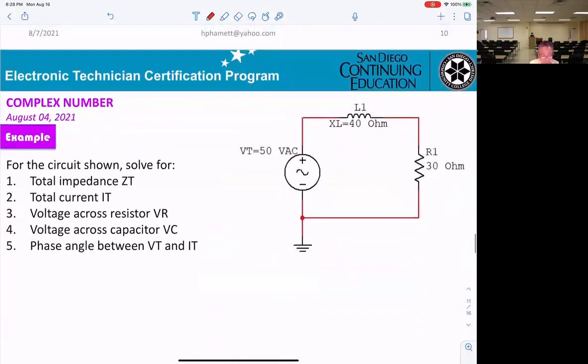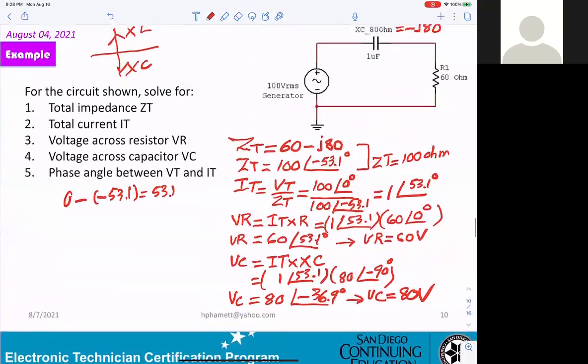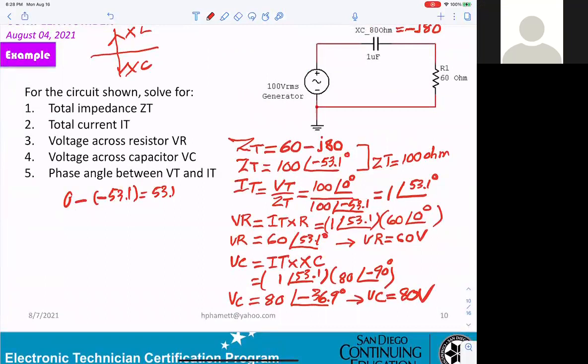Mr. Pham, if you go back just a little, that last problem. So VC, the angle is minus 36.9. So that means the voltage is lagging behind the current, right? Is that correct? Right. And then when we try to work out the phase angle between VT and VR, which one are you looking at?